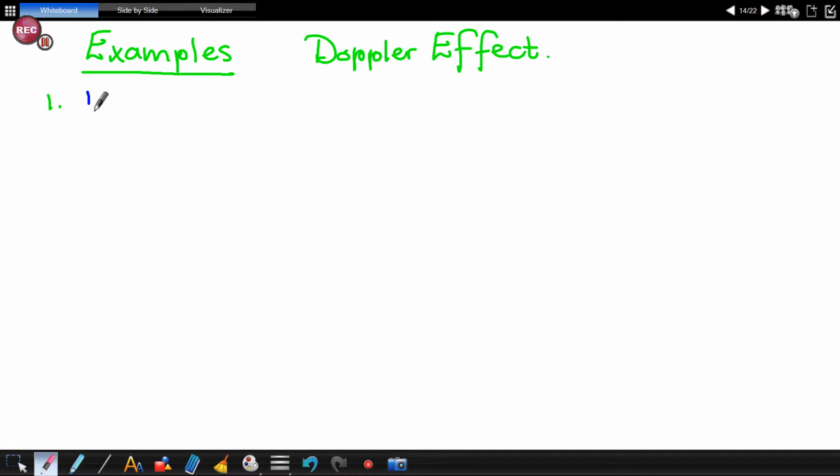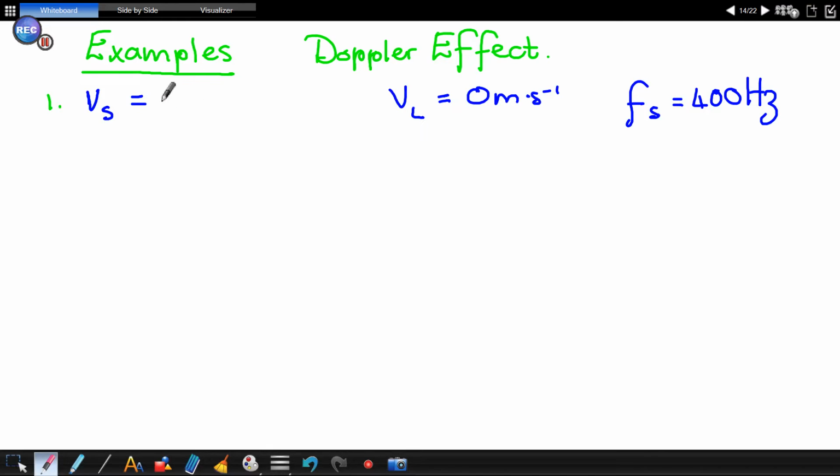Okay, so what do we have? We have the velocity of the source and the velocity of the listener. That's naught. And we've got the frequency of the source, 400 Hertz. And we know that they move towards each other.